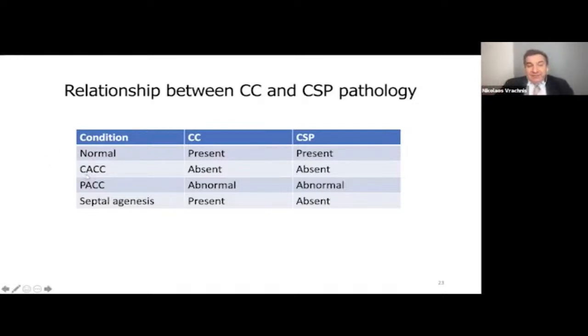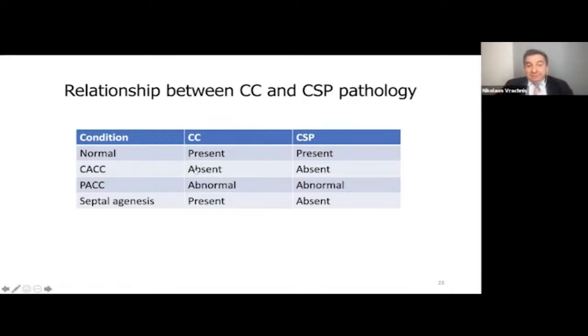If the corpus callosum is absent and the CSP is absent, then we are talking about a complete agenesis of the corpus callosum. If the corpus callosum looks abnormal and the CSP looks abnormal, then we are talking about a partial agenesis of the corpus callosum, and we can see half of the pericallosal artery during our transvaginal scan or our abdominal scan when we put the power Doppler on.